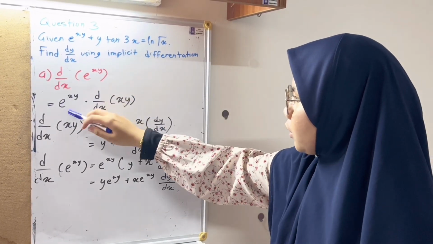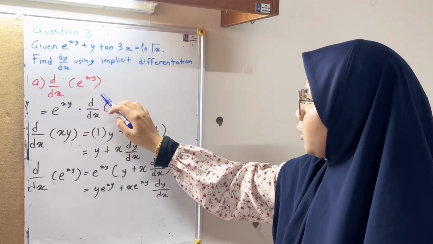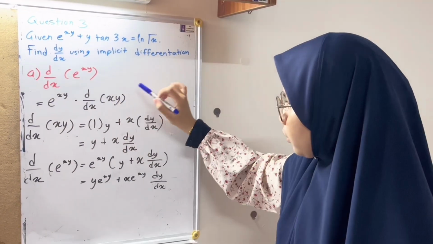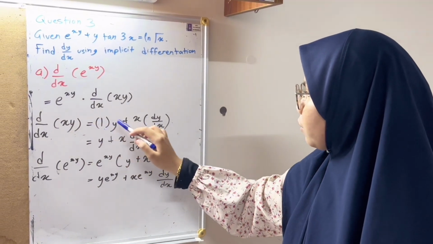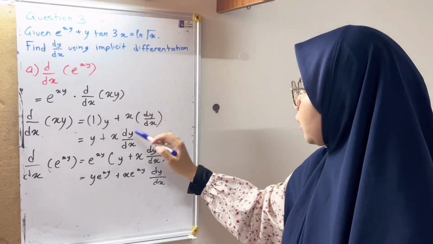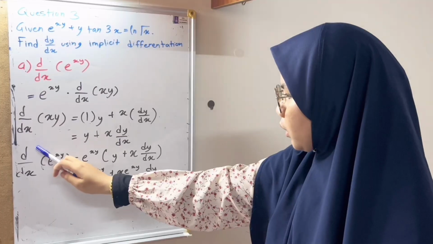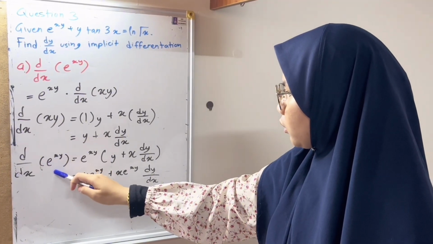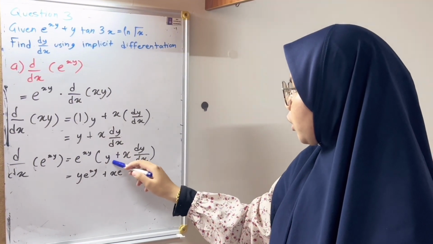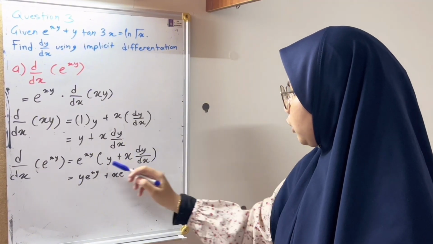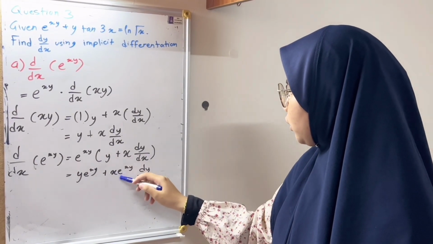That means e to the power xy times d over dx xy, and then d over dx xy equals 1y plus x dy dx, equals y plus x dy dx.